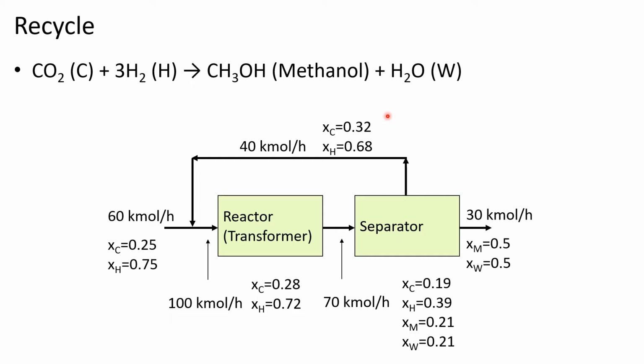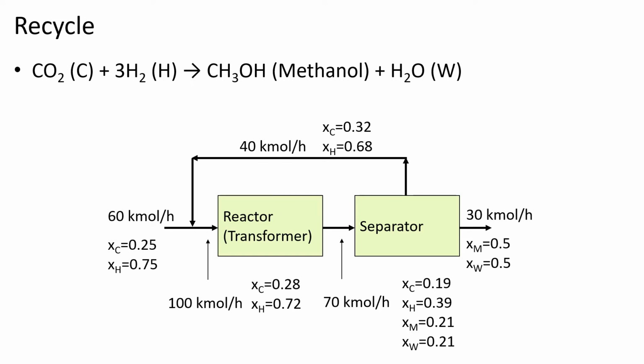And the recycle stream contains more carbon dioxide on a mole fraction basis than the feed. The mixture of these two streams that goes into the reactor flows in at 100 kmol per hour and contains a little bit more carbon dioxide than the fresh feed that comes in, the 60 kmol per hour stream. After the reactor, we now have present in the stream methanol and water, both present at about 21%.